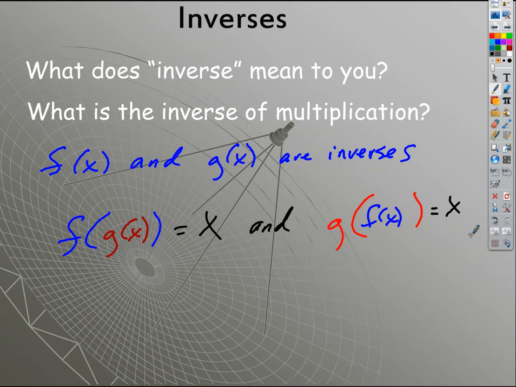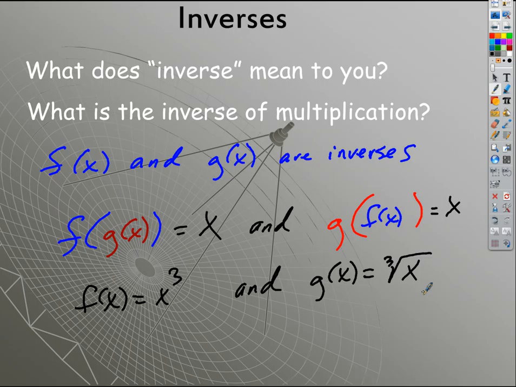So what did that really just do there? If I take f of the function g of x, they literally undid each other and just left me with that x, right? If I take g of f of x, they also undid each other and just left me with the x. What's an example of that? A cube root and a cube function. So we could say, for example, if f of x equals x cubed and g of x equals the cube root of x, then what's f of g of x?